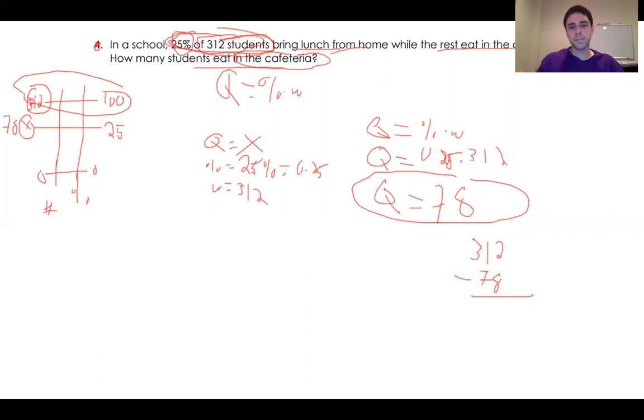What do we think? Let's see. 12, this will be 10. I have to carry that again. So let's see, we're gonna have a 4 there. What is 312 minus 78 going to be?